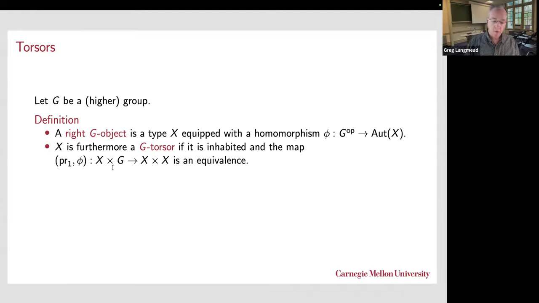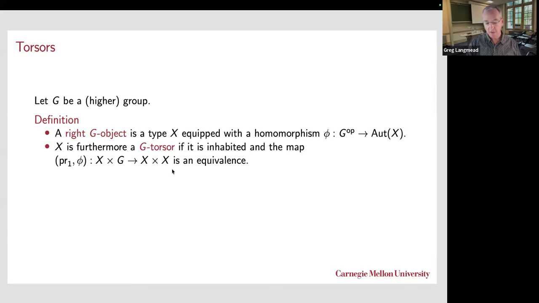And this packages together some of our shorthands that you might be familiar with, such as picking a point of X, for example, in both these left components, then gives you an equivalence between G and X. So X is one choice away from being a copy of G, quote unquote, picking a base point.